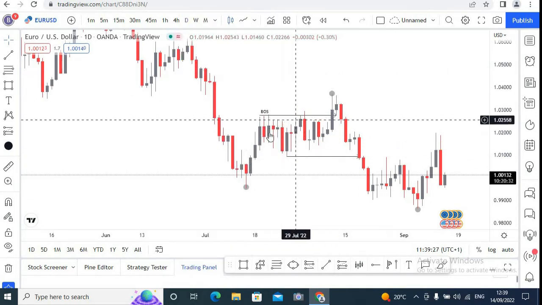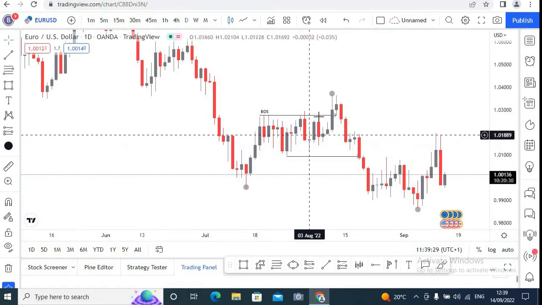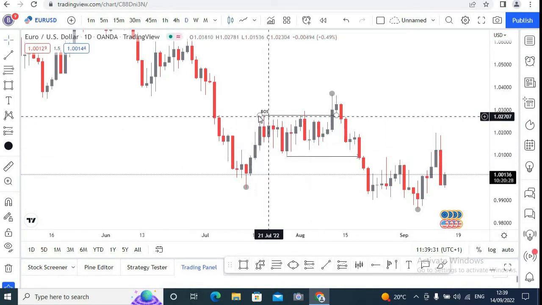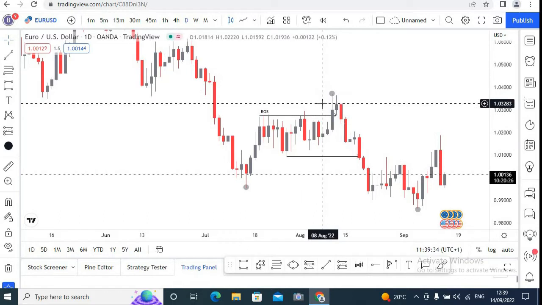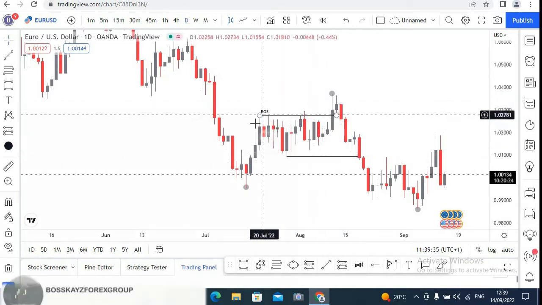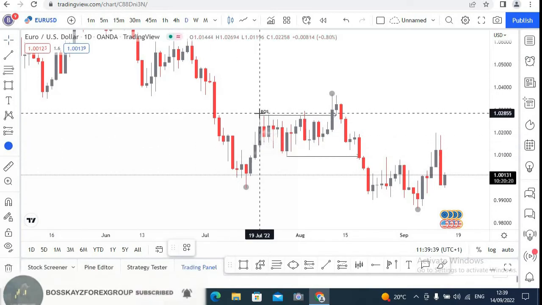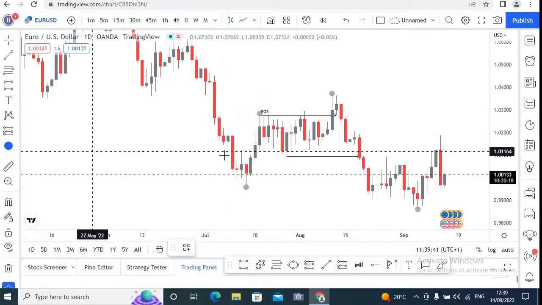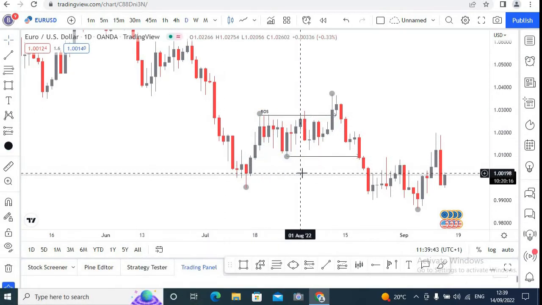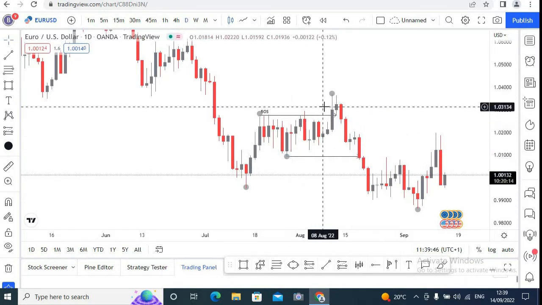Now what you have to understand is that whenever price is going up, it will be taking out swing highs, creating new swing highs. You can see here we did have a swing low, meaning this was a swing high, this was a swing low, and then the price gave us a move to the upside.